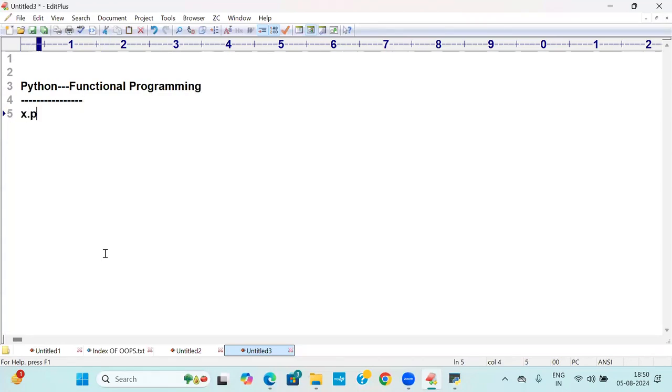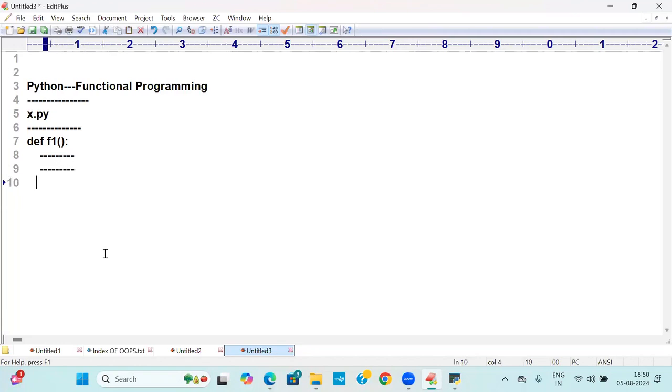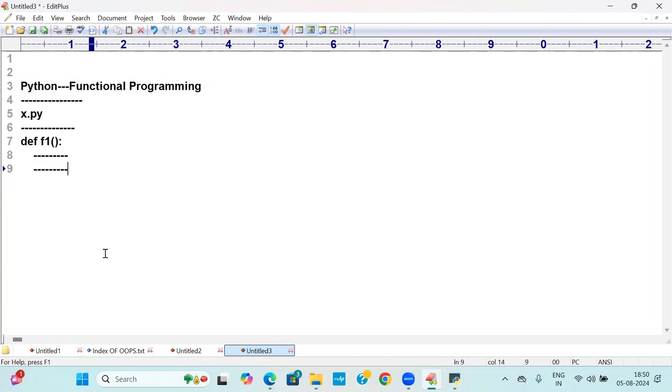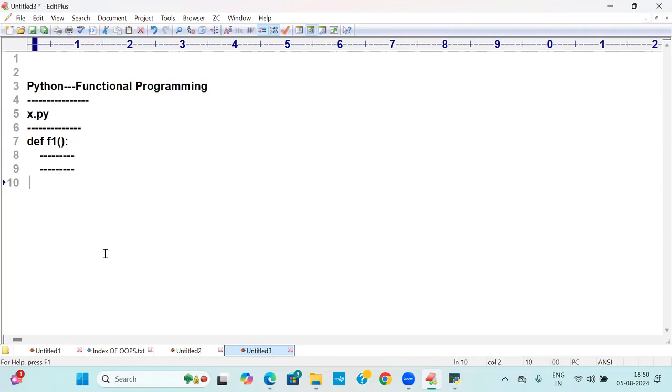You define x.py, which contains def f1, having some body. Next, def f2, which also has some more information. Like that, I'm having two functions. What is x.py called now?